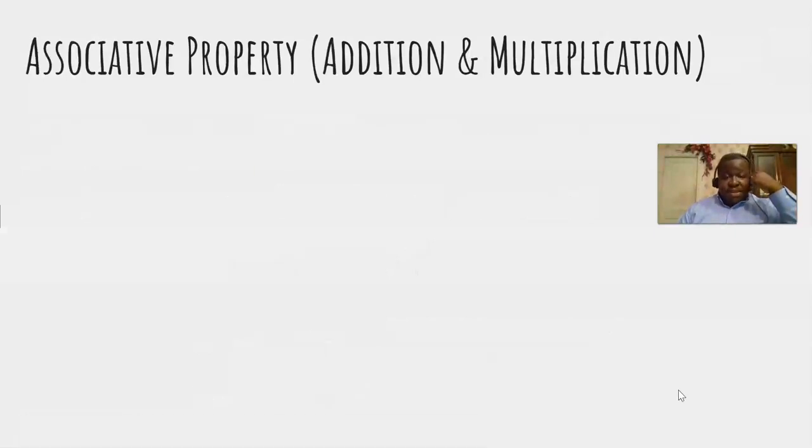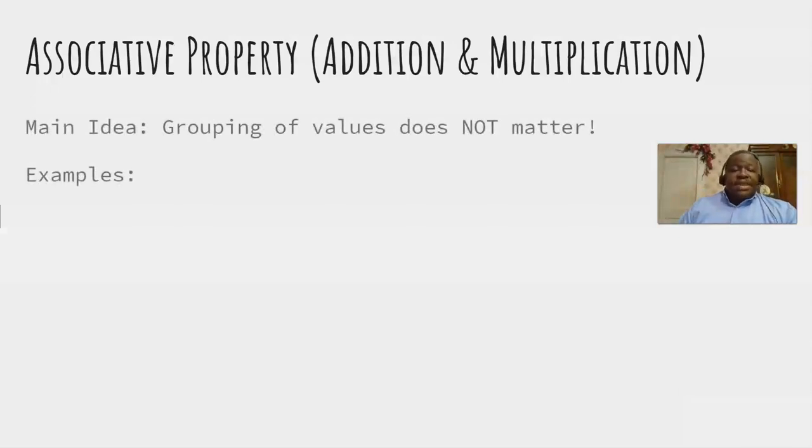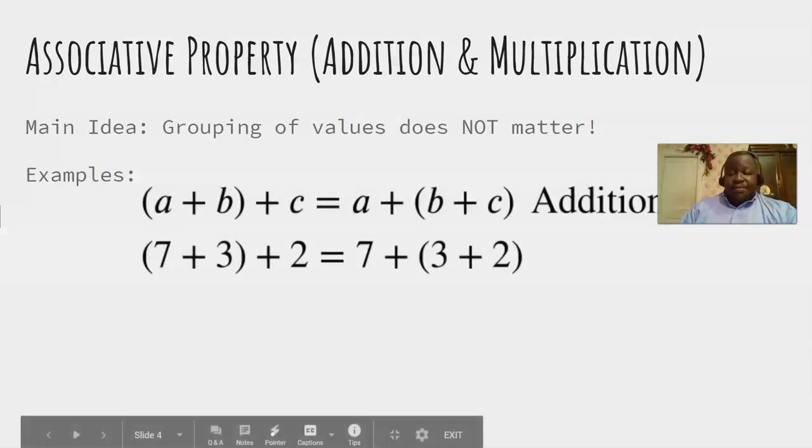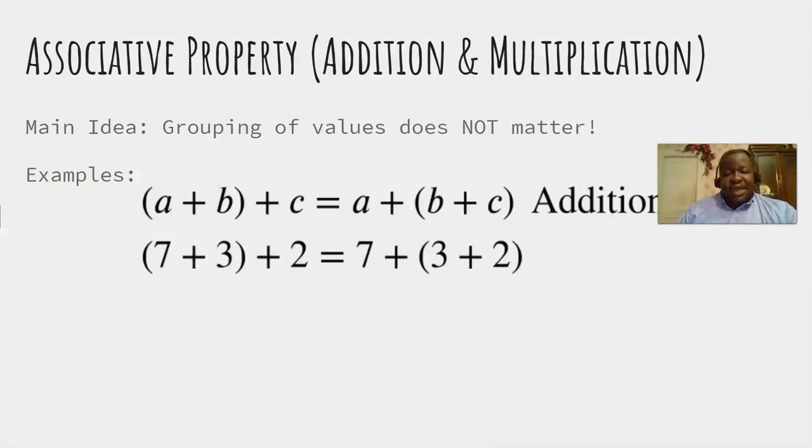The next property, the associative property of addition and multiplication. The main idea, grouping of values does not matter. When you see grouping, I want you to think about parentheses. Our example for addition, a plus b in parentheses plus c is the same thing as a plus parentheses b plus c.